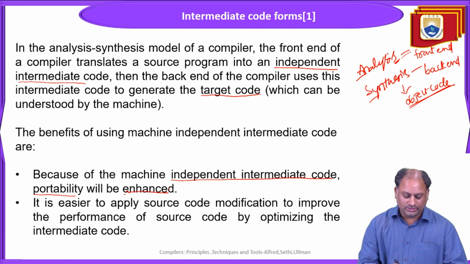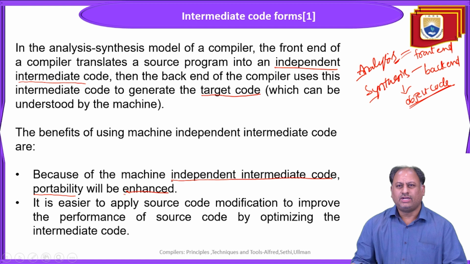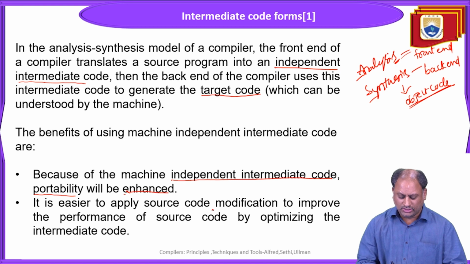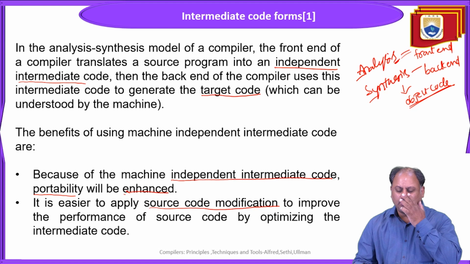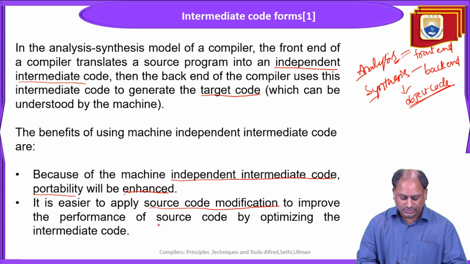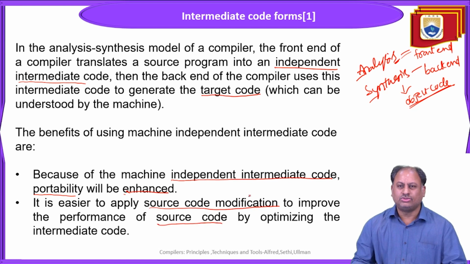That is one of the main advantages. And the second is source code modifications. Source code can be improved by optimizing the intermediate code. By optimizing the intermediate code, we can improve the performance of the source code.